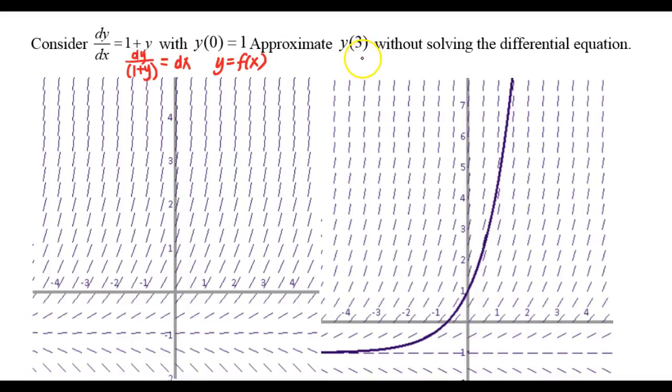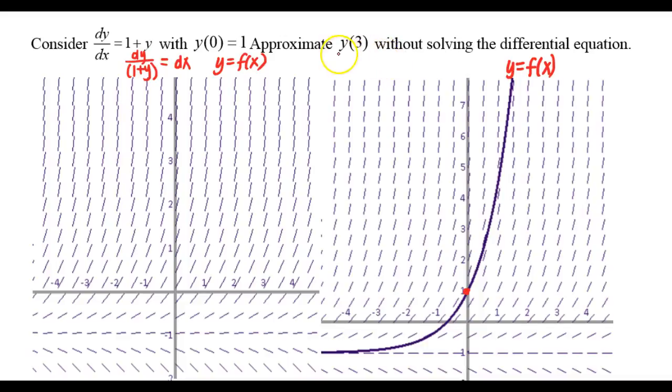So let's think about what we can do. We said we can draw its slope field, perfect. We want to consider the particular solution that goes through 0, 1. Because this is a slope field, this image on the right is a sketch of what the particular solution curve that goes through 0, 1 is going to look like. So this curve is y equals f of x.